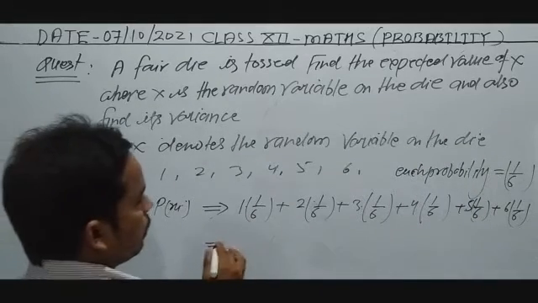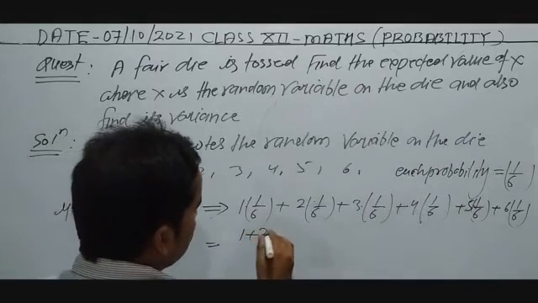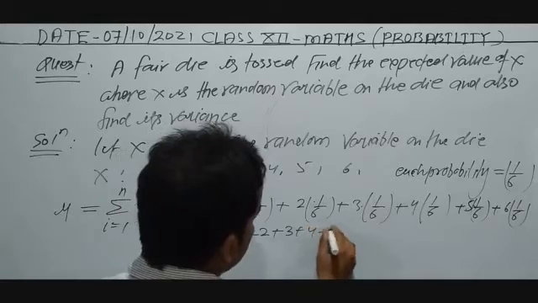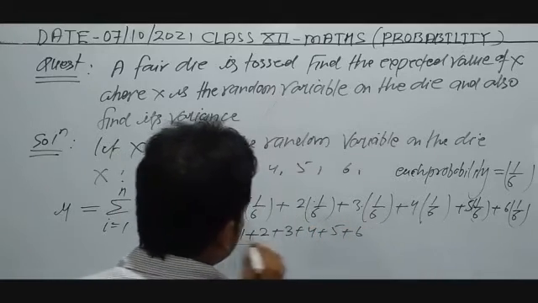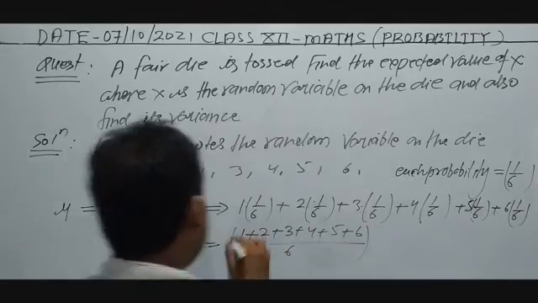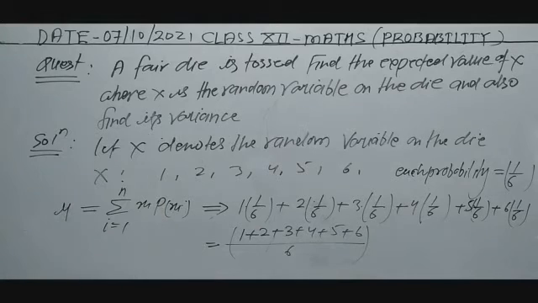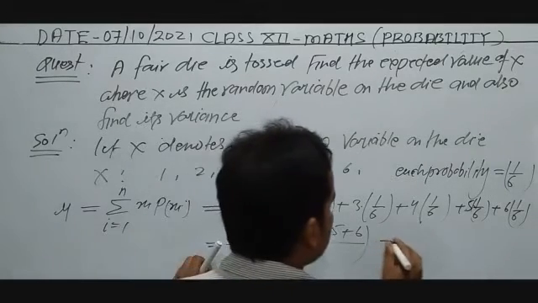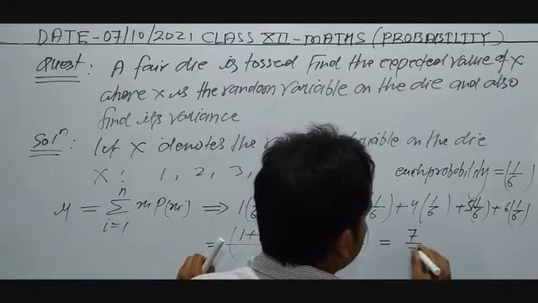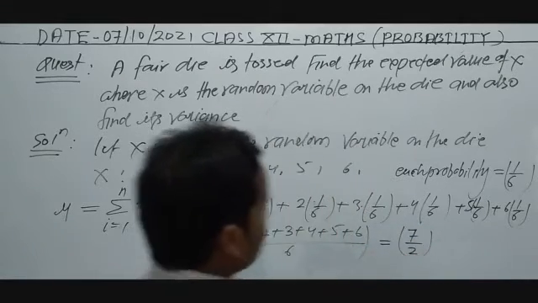Now its result will be 1 plus 2 plus 3 plus 4 plus 5 plus 6 whole upon 6. And what will be its value? This will be 21, and 21 by 6 means the result is 7 by 2. This is the mean.